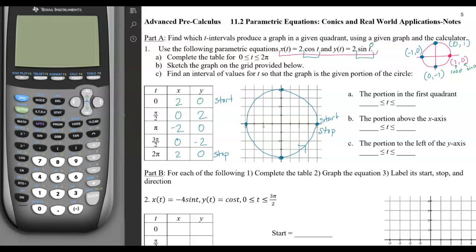Yeah, the t values are positive. We want just this first quadrant. What t values gave us that first quadrant? Yes, 0 to the 90-degree angle, pi over 2. What about the portion above the x-axis? What t values gave us those?